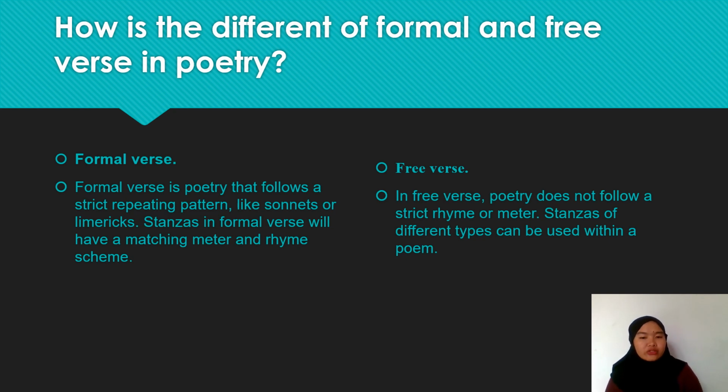Formal verse is poetry that follows a strict repeating pattern, like a sonnet or limerick. Stanzas in formal verse will have a matching meter and rhyme scheme. In free verse, poetry does not follow a strict rhyme or meter. Stanzas of different types can be used within a poem.